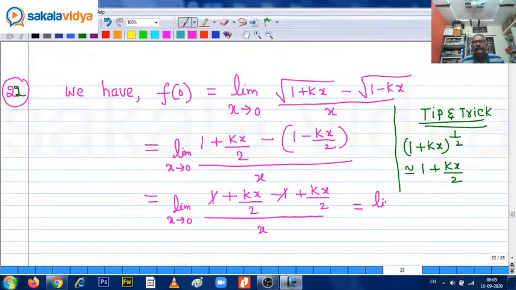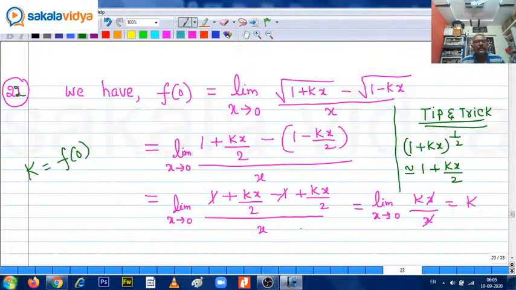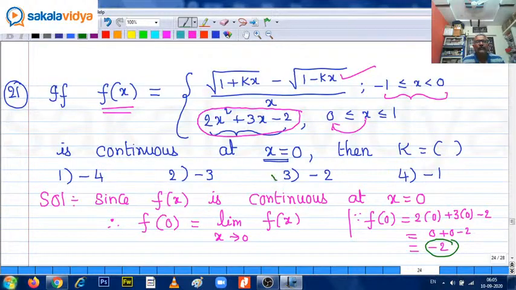So limit x tends to 0 of kx upon x, x cancels. Constant is constant. That means k equals f of 0. What is f of 0? f of 0 is minus 2. Obviously, k must be equal to minus 2. Third option is the right option.